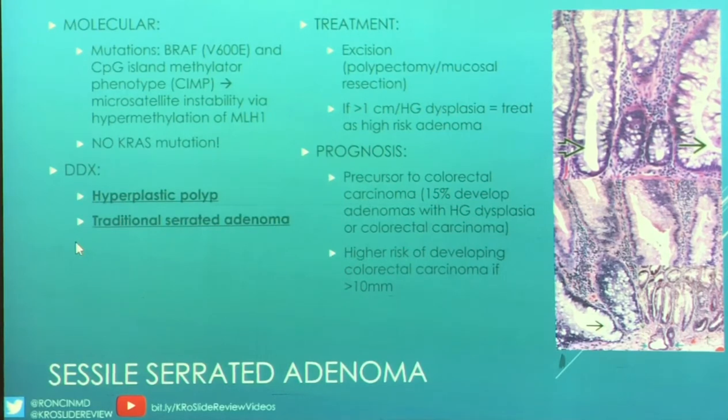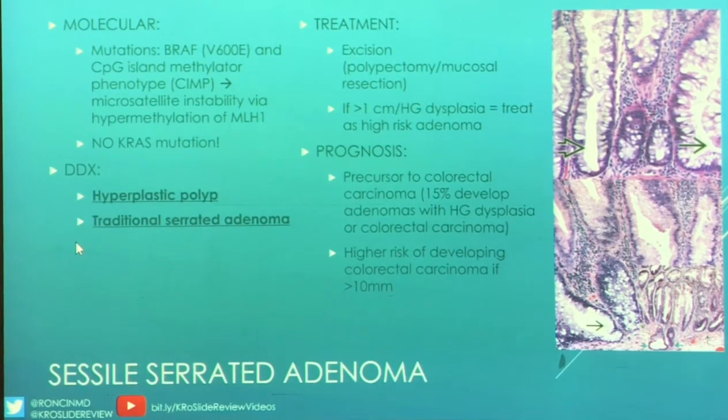These are a precursor lesion, so 15% of patients with SSAs will develop adenomas with high-grade dysplasia or colorectal carcinoma. That's why when we say SSA on a report, that patient is going to get increased screening, which every few years changes what they will do for screening. It's important to note the difference between saying this is definitely an HP versus this is an SSA.